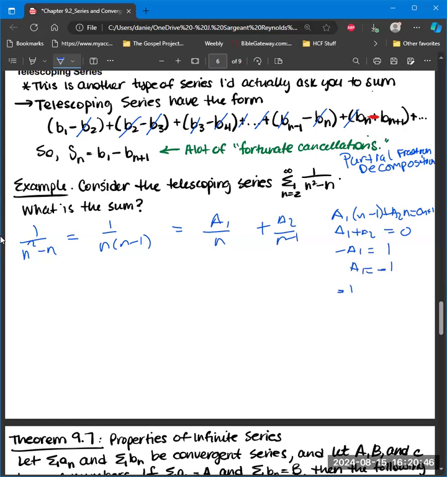If a1 is negative 1, plus a2 is equal to 0, a2 is equal to 1. So that means that we have a negative 1 over n plus 1 over n minus 1. I'll write it this way, 1 over n minus 1 minus 1 over n, like that, is what this is going to be equal to.